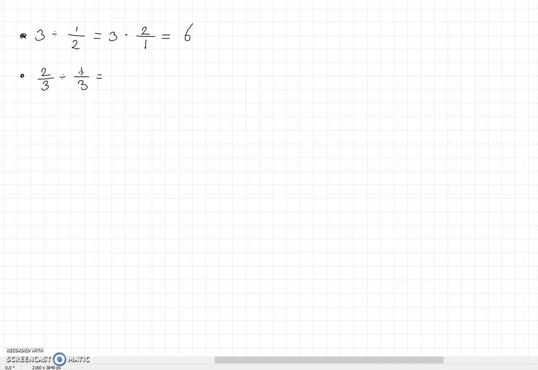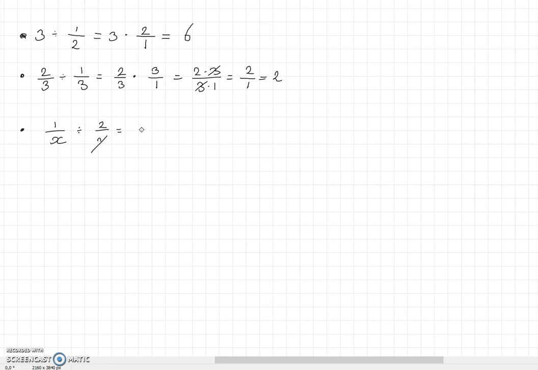Similarly, 2/3 divided by 1/3 is 2/3 multiplied by 3/1, which is the same as 2 times 3 divided by 3 times 1. We can see that we can divide the numerator and the denominator by 3, and we are left with 2/1, or simply 2. If it works without letters, it works with letters as well.